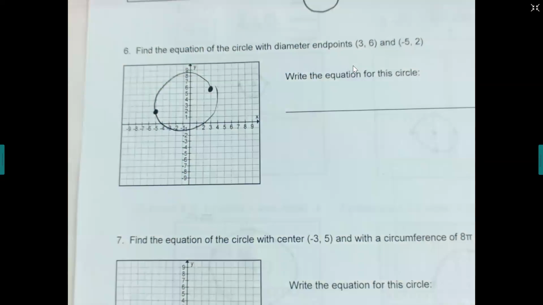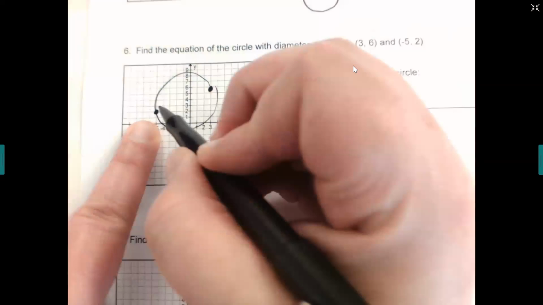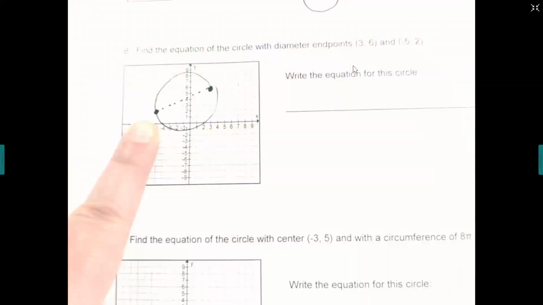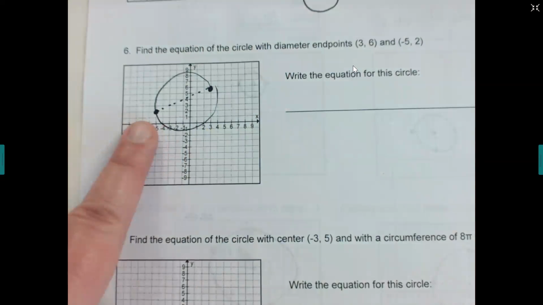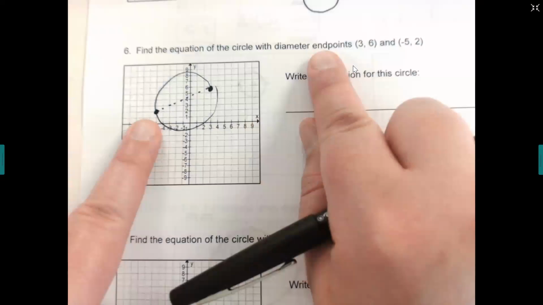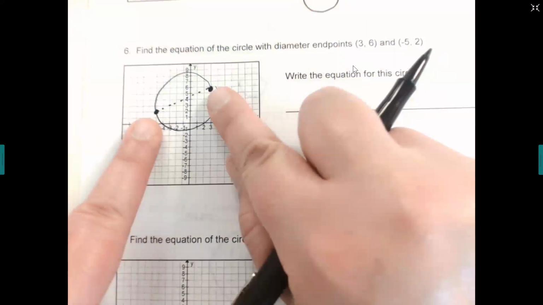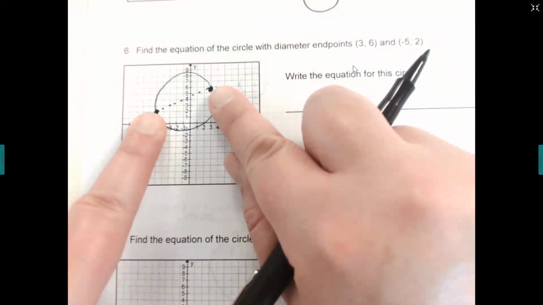Now, I don't know exactly what it looks like, but I know it's going to look kind of like that. So if these are the endpoints of the diameter, then how can I find the center? The diameter is all the way across. Where should the center be? It should be in the middle, right?